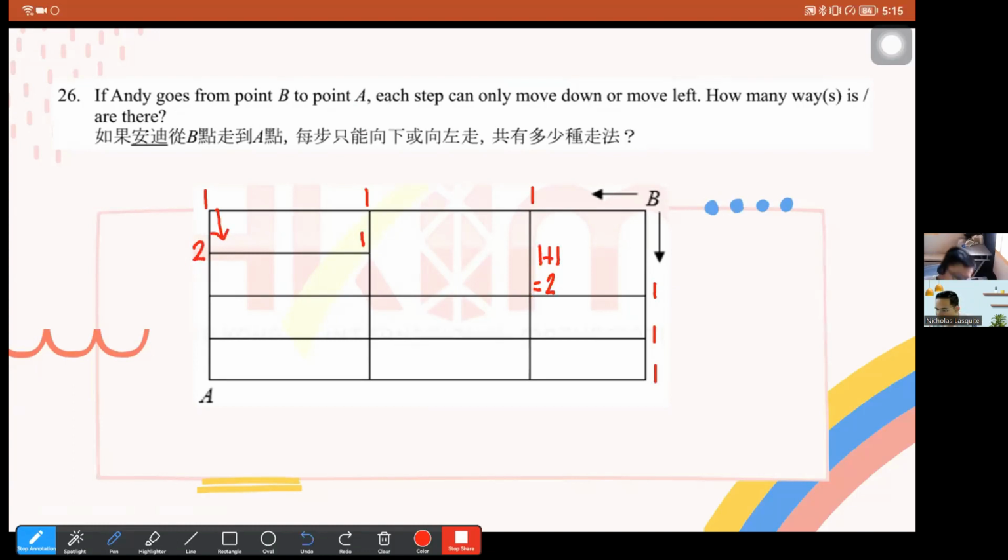And then this one here is 2 plus 1, which is 3. And then this one here is 3 plus 2, which is 5. Let's continue. 2 plus 1 is 3. 3 plus 1 is 4. 3 plus 3 is 6. 5 plus 6 is 11. 6 plus 4 is 10. So 10 plus 11 is 21. So the answer here is 21.